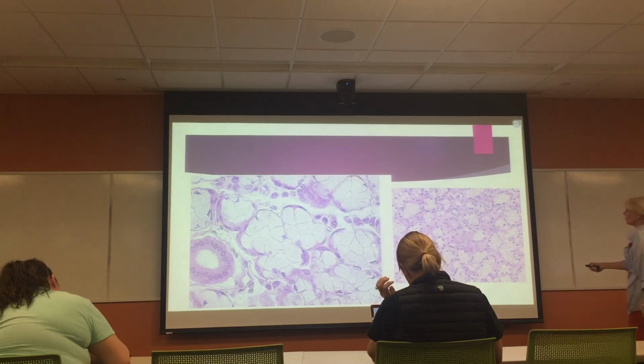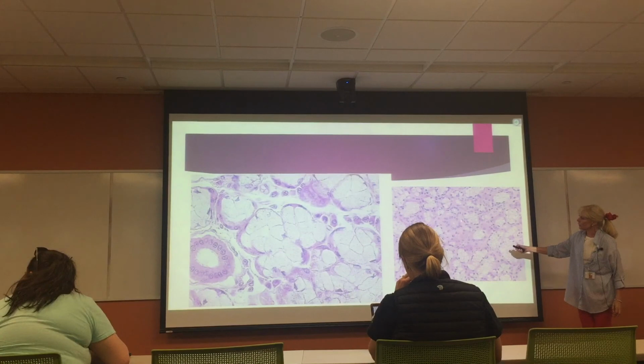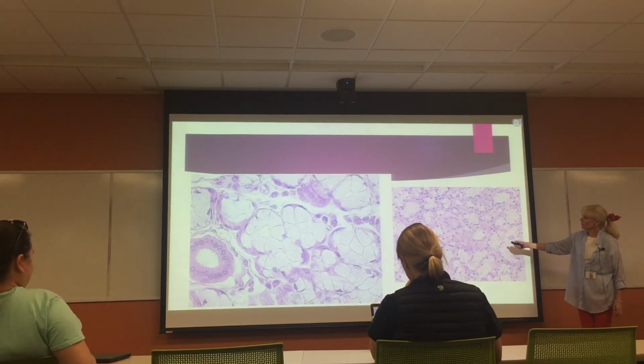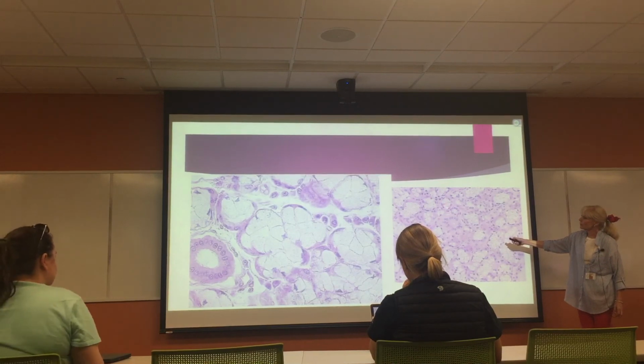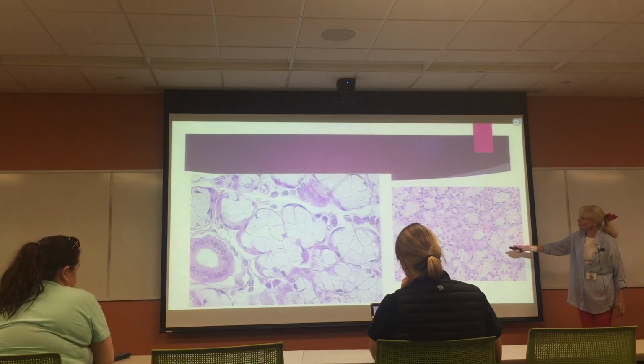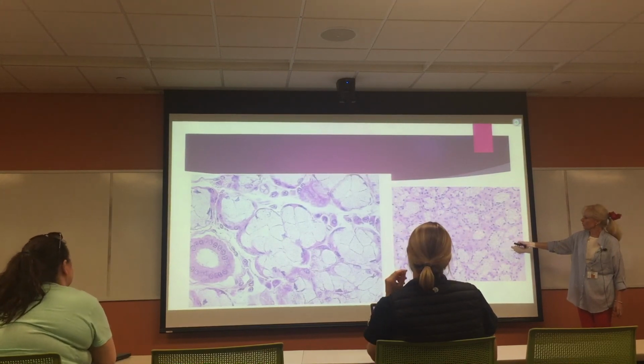For example, here there's a duct, number 1, and also one here, number 2. Are they different ducts? Yes. What would this one be? Intercalated, and this would be striated, and these are acini.